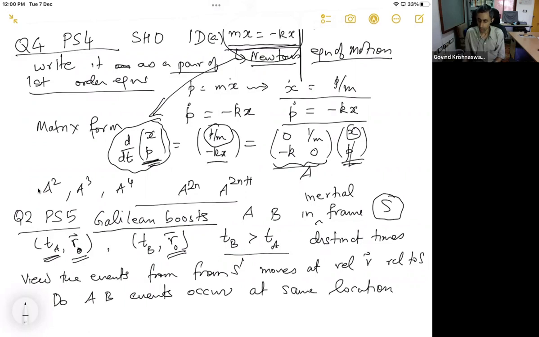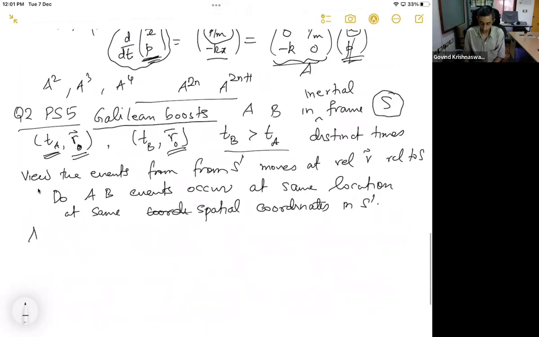Yeah, and to be a little bit more clear, do they occur at the same spatial coordinates? Yeah, in S prime, that is the question. The answer is emphatically no. They don't occur at the same location as per the observer in the moving frame.